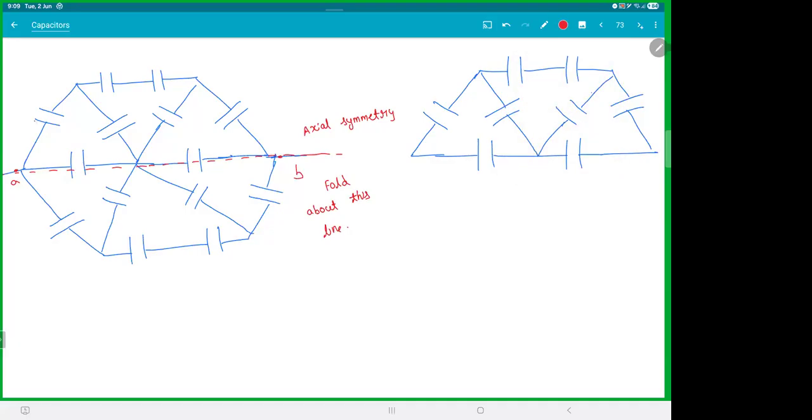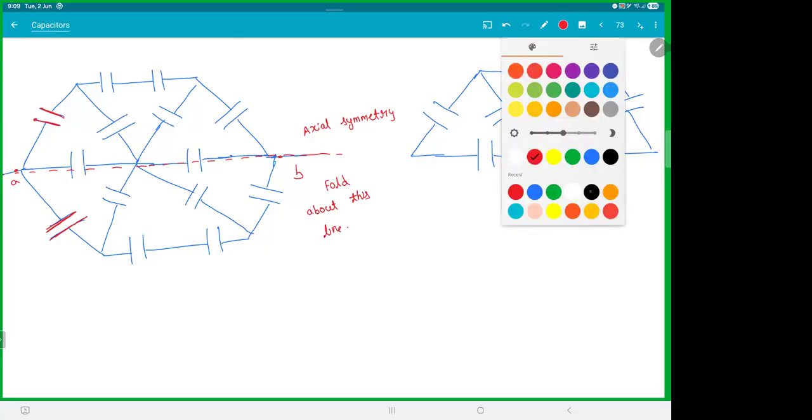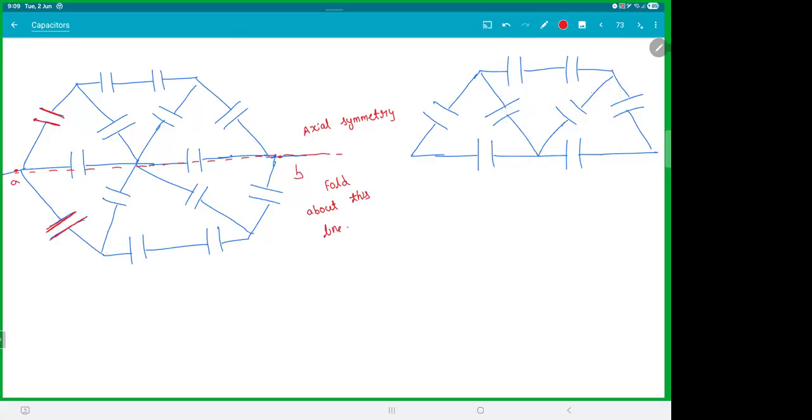This capacitor, I'm putting in red, C. These two capacitors will fold on themselves, right? Maybe I can put some alphabets also. If I call this point C, this is also C because of symmetry. If this is D, this is also D. That means this point will become C, this point will become D, this point will be A, and this point will be B. So these two red capacitors, C and C, tell me one thing.